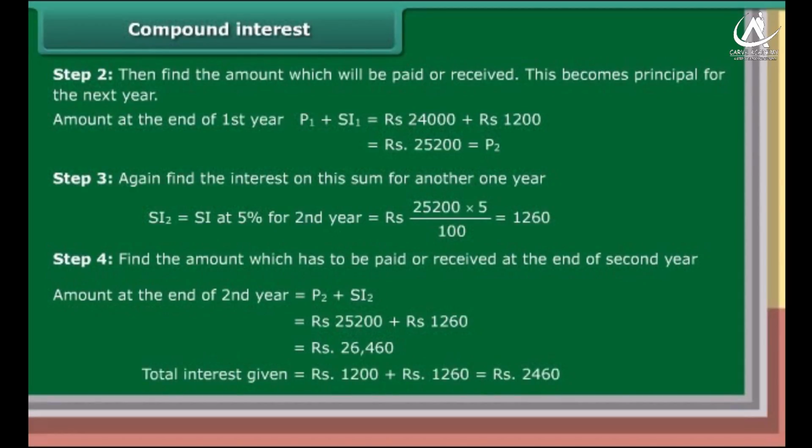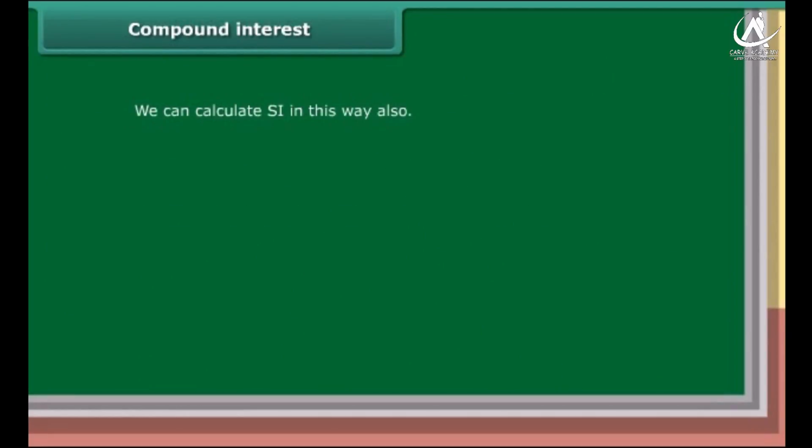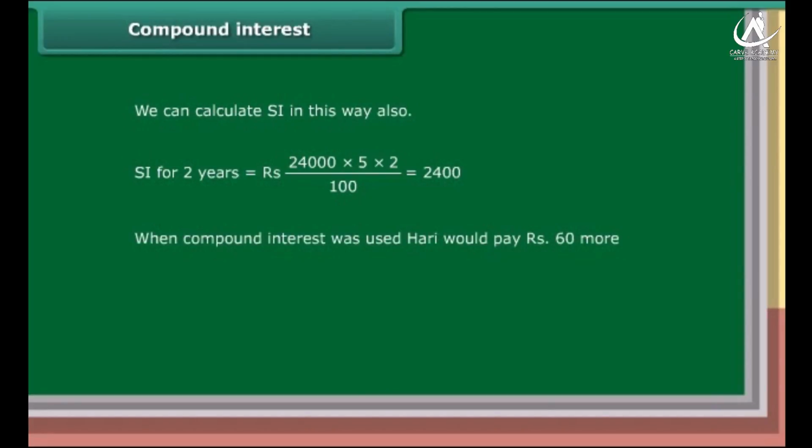Total interest given is equal to rupees 1,200 plus rupees 1,260 is equal to rupees 2,460. We can calculate SI in this way also. SI for 2 years is equal to rupees 24,000 into 5 into 2 upon 100 is equal to rupees 2,400. When compound interest was used, Hari would have to pay rupees 60 more.